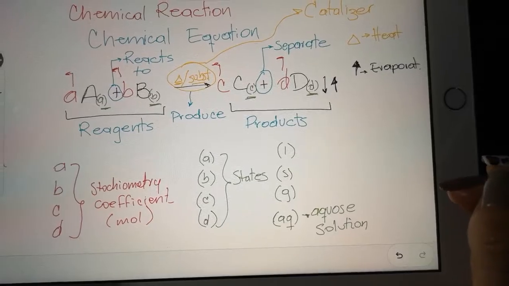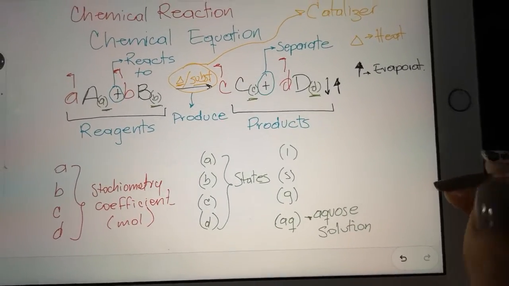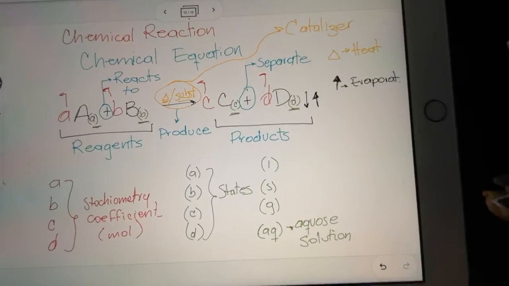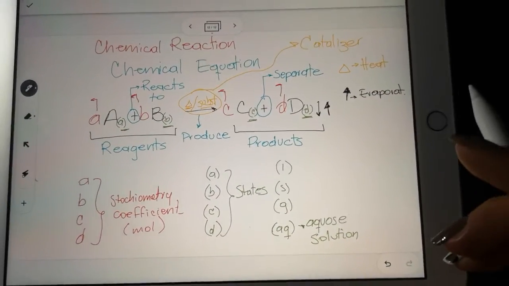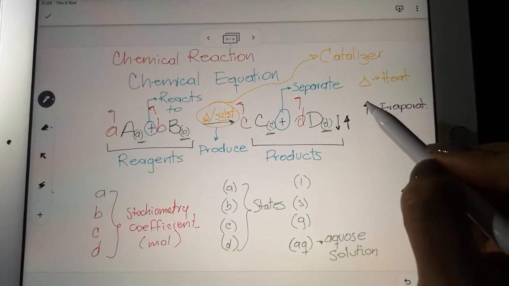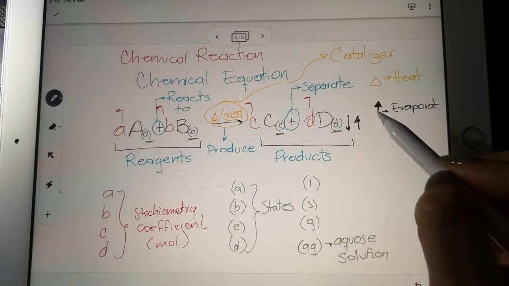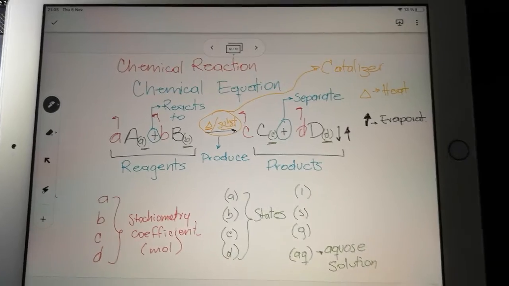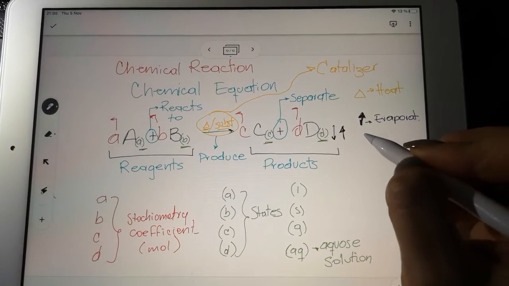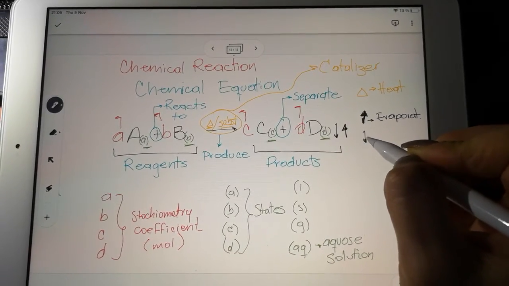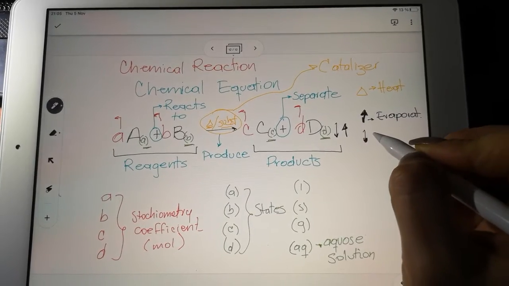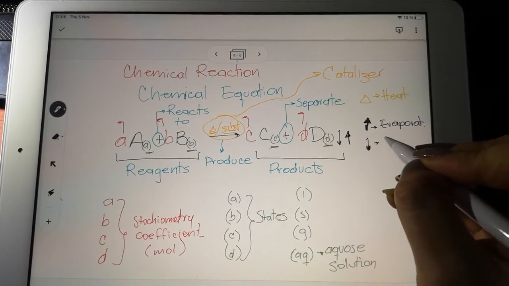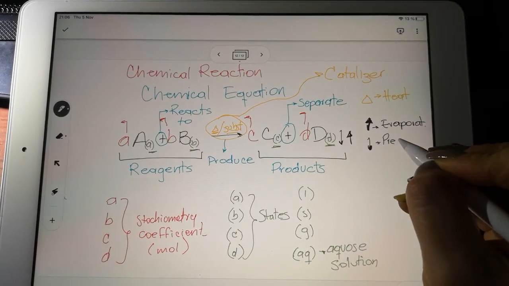So, for example, hydrogen, oxygen, or water when it's a vapor, okay? But usually it is in the product part, okay? Because it produces something that is evaporated. And the other one, you have the arrow in this way, that represents the opposite. So the opposite is the precipitation.